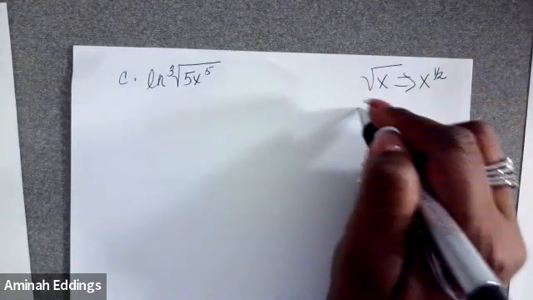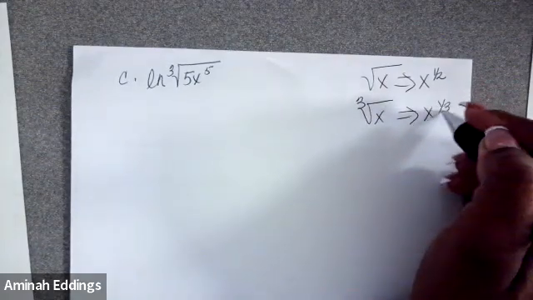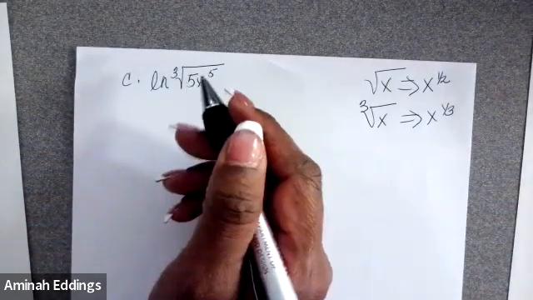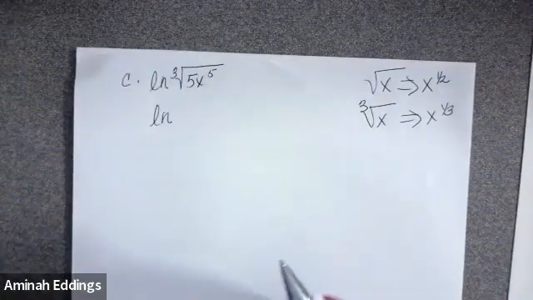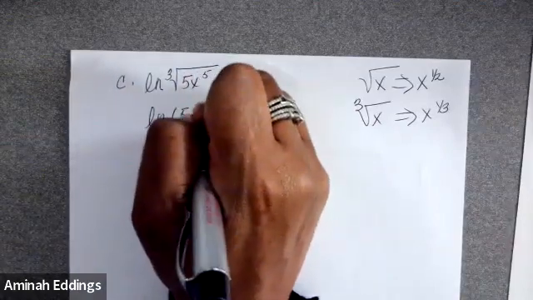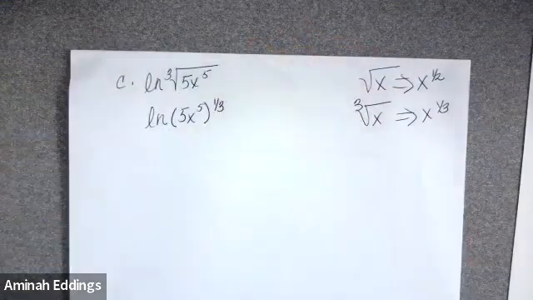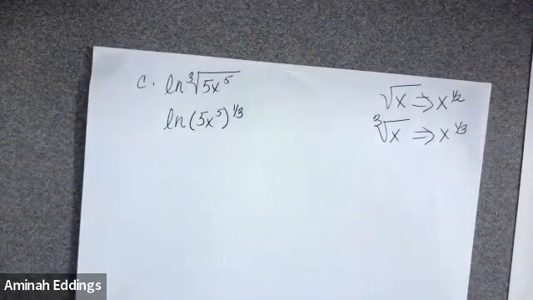And so if we have the cube root of x, that's the same as saying x to the 1/3 power. So I can rewrite this as the natural log of 5x to the 5th power, all to the 1/3 power. All I did was change my cube root radical into a rational exponent. Okay.